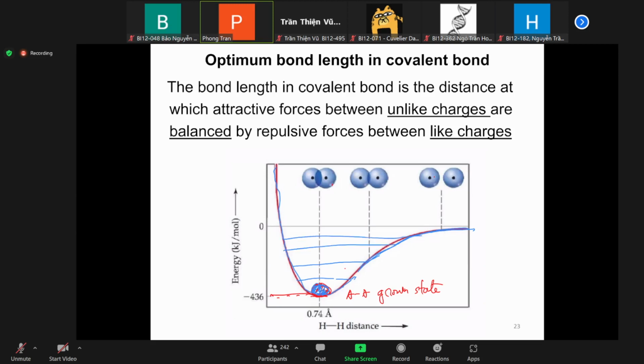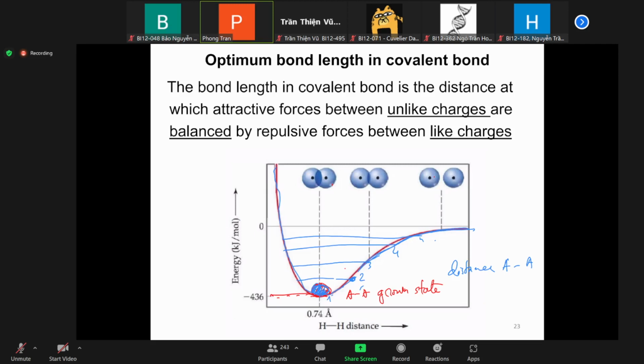What is the difference between the ground state and this state? Actually, it's different in the distance between A and A. When you move from the ground state to the second one, we call them the second, third, fourth, fifth, and so on, basically you make the chemical bond longer.